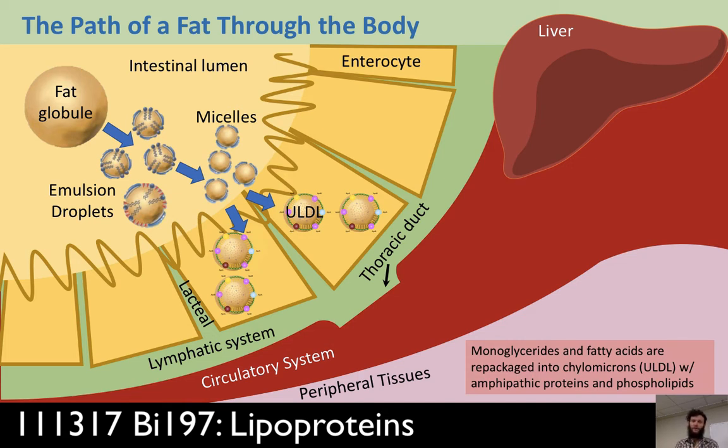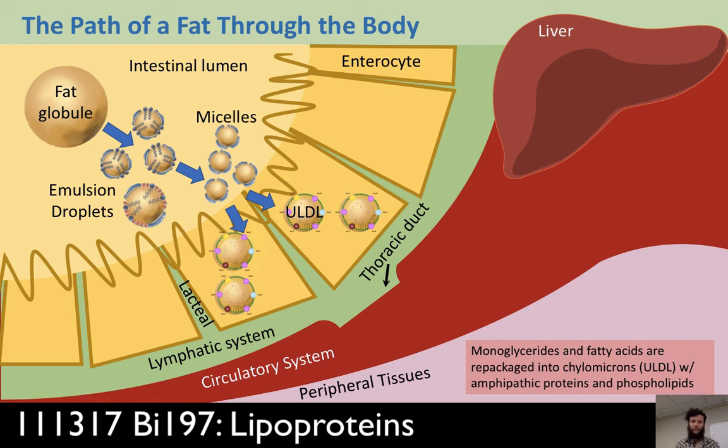This involves adding various apoproteins to them to help emulsify them. Once again, you create these lipoproteins, these large balls of lipid and protein, up to 1 millimeter in diameter, that are able to once again go into solution in an aqueous environment.